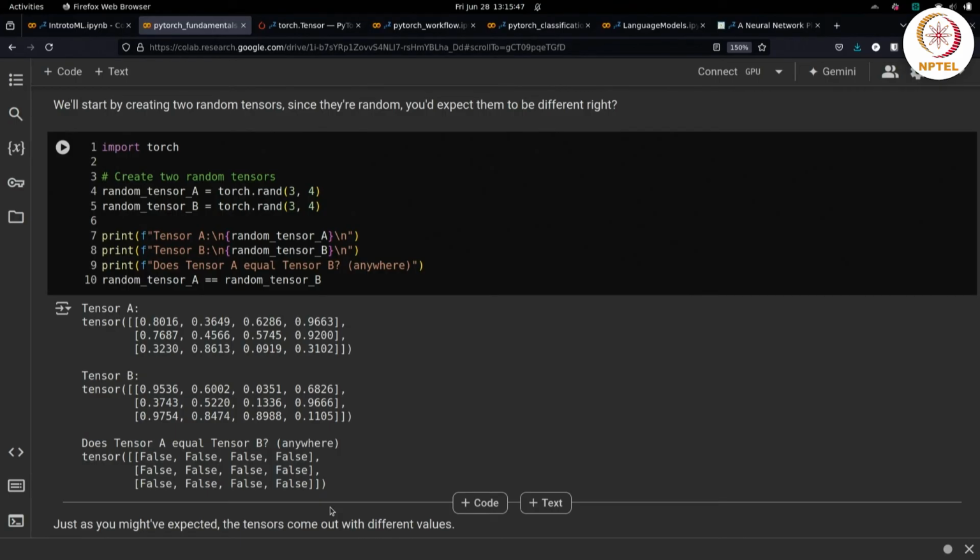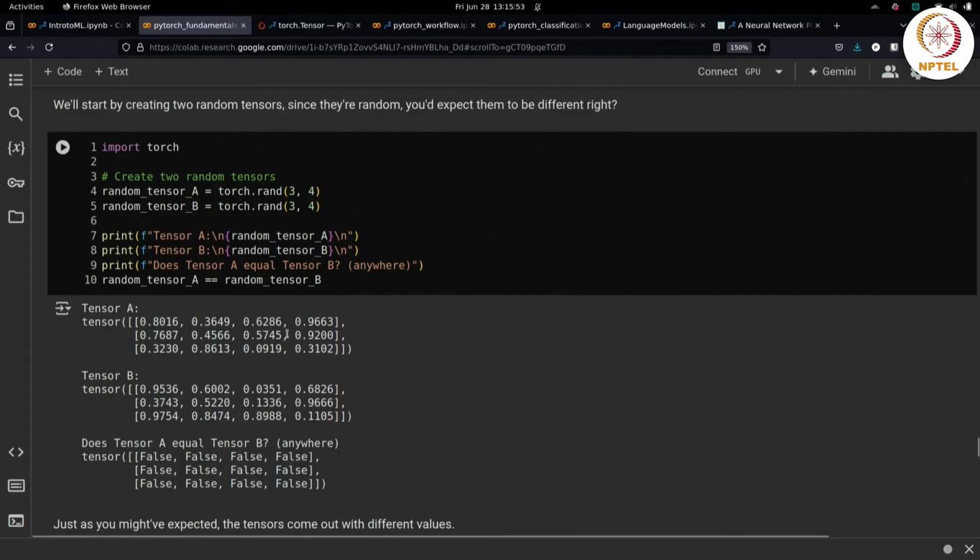There's no guarantee that they are the same across all these n times. So it makes sense that if you run your network once, you get one value, and if you run it again, you get a different value, because there is randomness in the whole network.